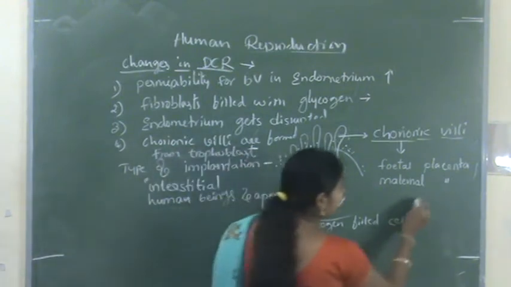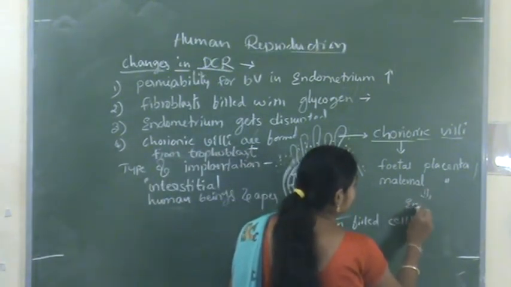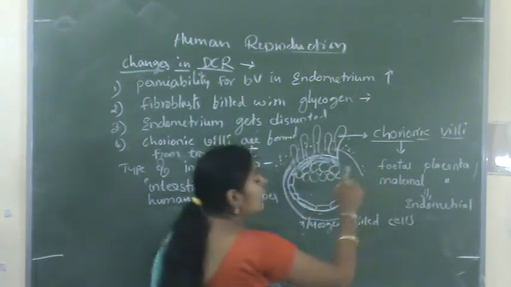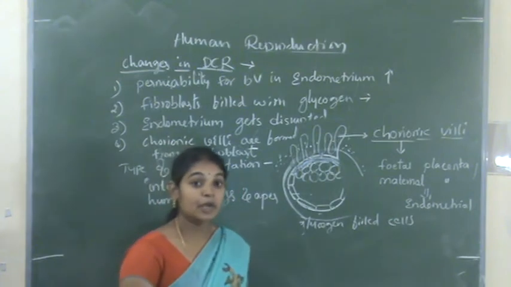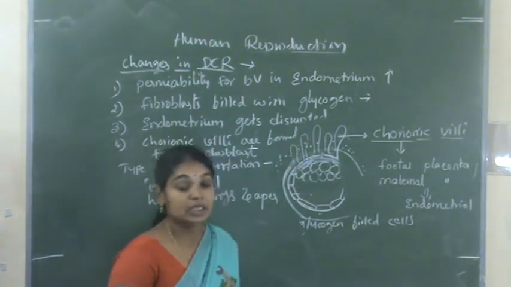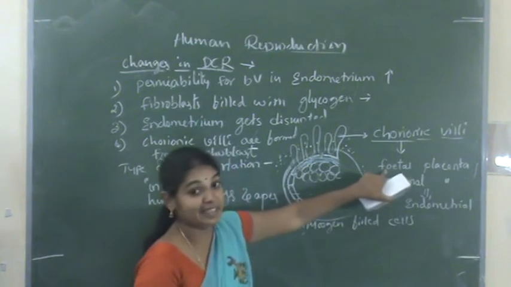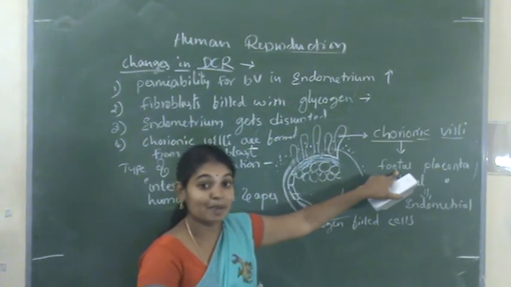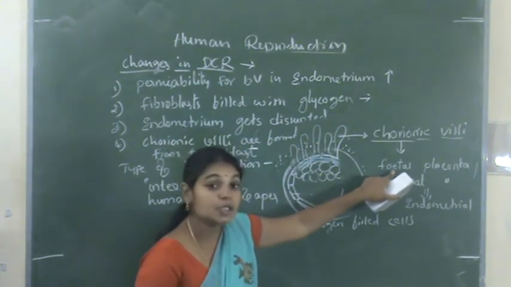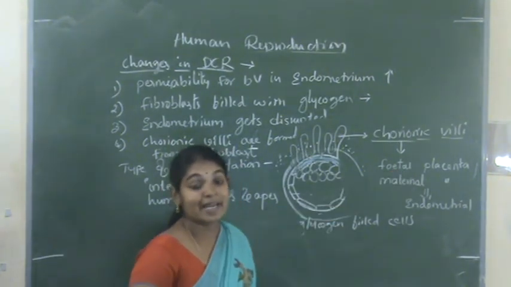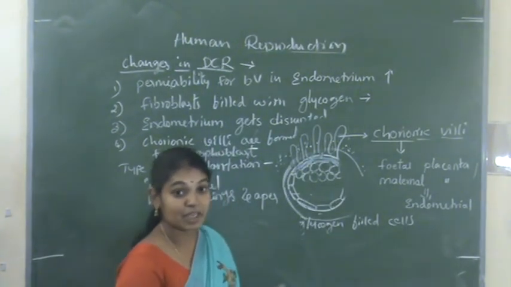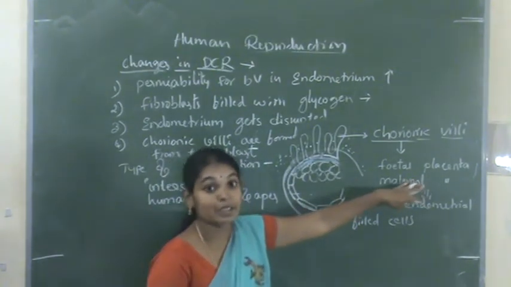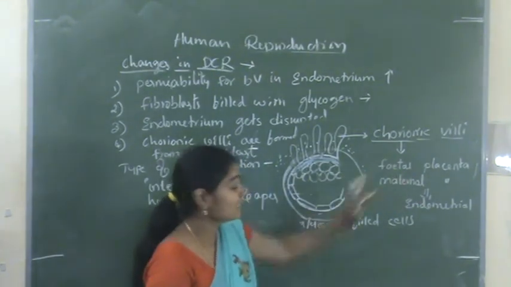Through the maternal placenta, nutrients pass to the fetus. The fetal placenta receives the nutrients from the mother, and it also gives out carbon dioxide and other waste materials produced by the fetus. Later, in the placenta topic, we will discuss these types.